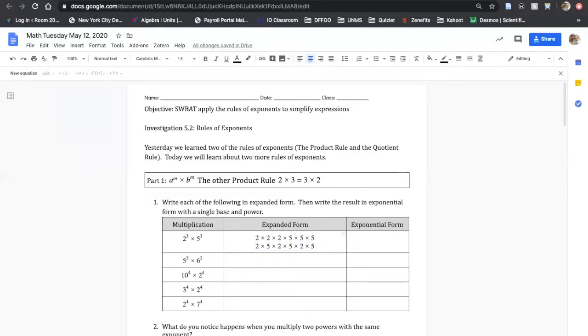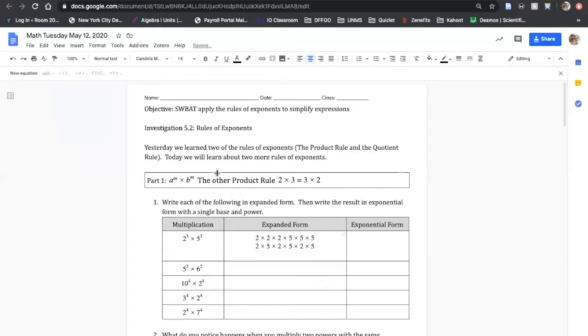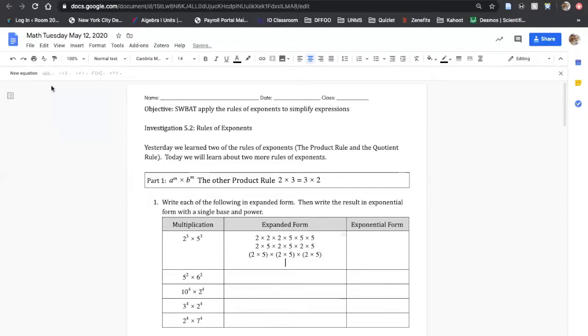Now, again, you're saying this might just look more confusing. Why are we doing all this? Now, I'm just gonna add some parentheses in to show you how this actually makes it easier, right? So let's say I put parentheses around the first 2 times 5. And then I put parentheses around the second. Remember, multiplication is commutative, so I can do all of this here. It doesn't matter what order I multiply things in. So let's go ahead and multiply together the things that I have in parentheses there.